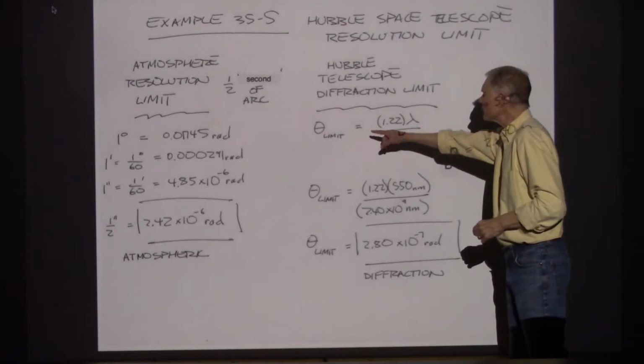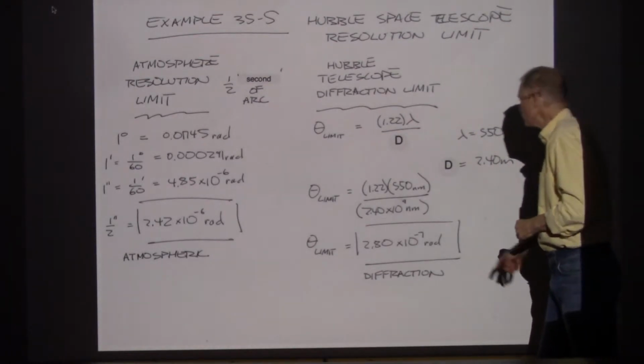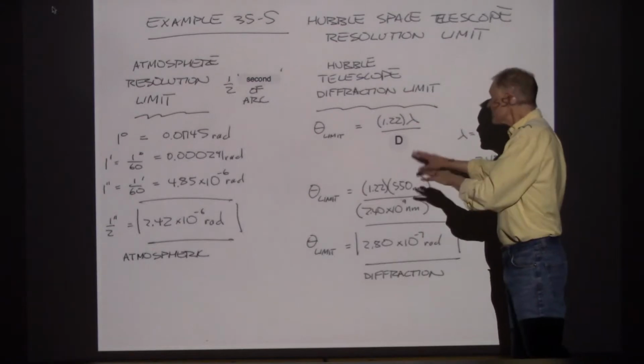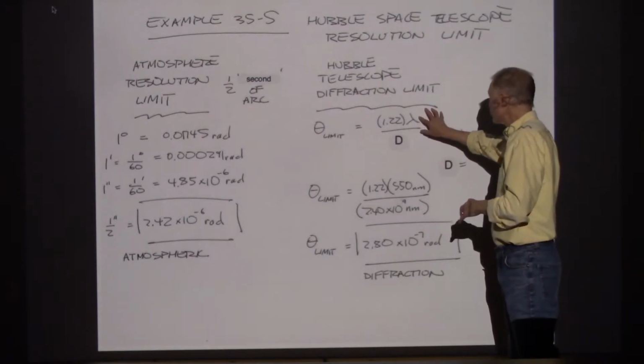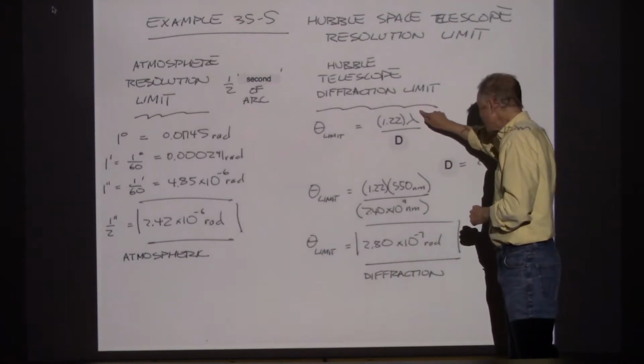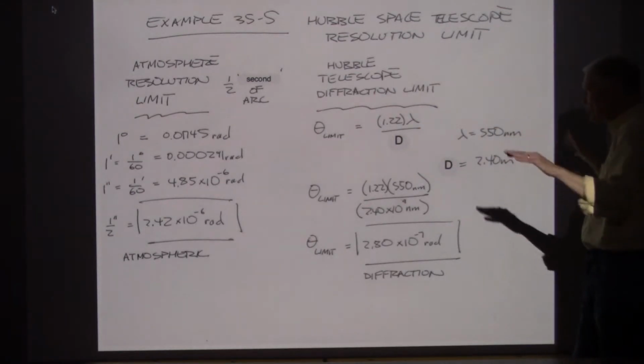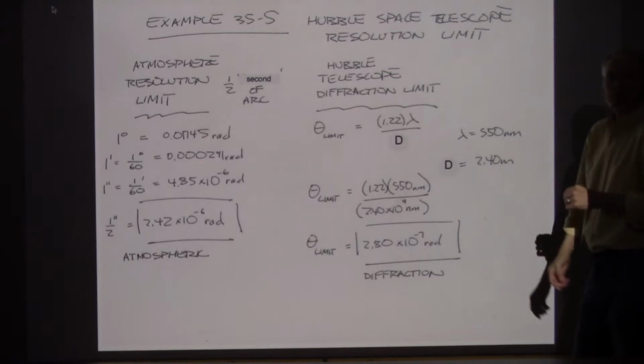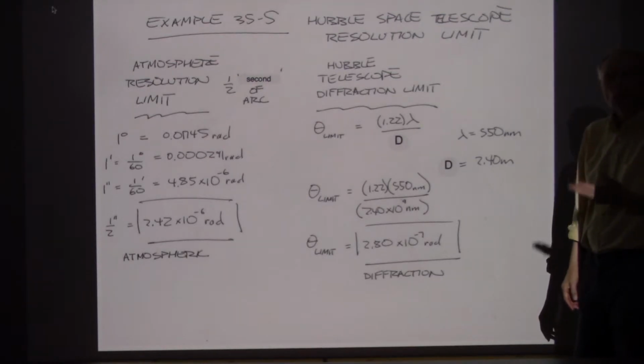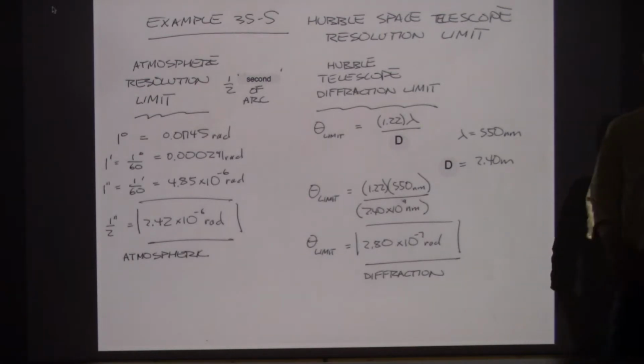Putting all those numbers into my limit of resolution formula, this is going to give us radians. Just to be clear, we put lambda and d in the same units, the units cancel out, and the answer is in radians. If you've got a homework problem or a midterm problem that asks for the limit of resolution in degrees, you have to do a units conversion.